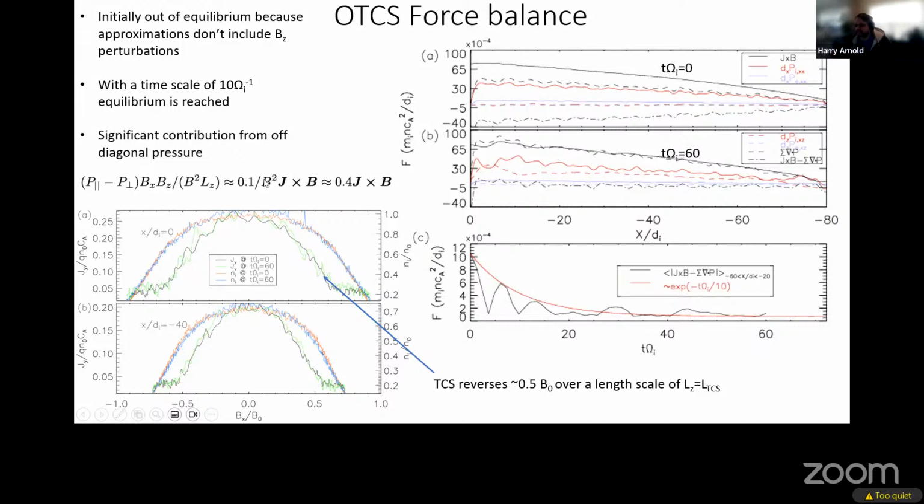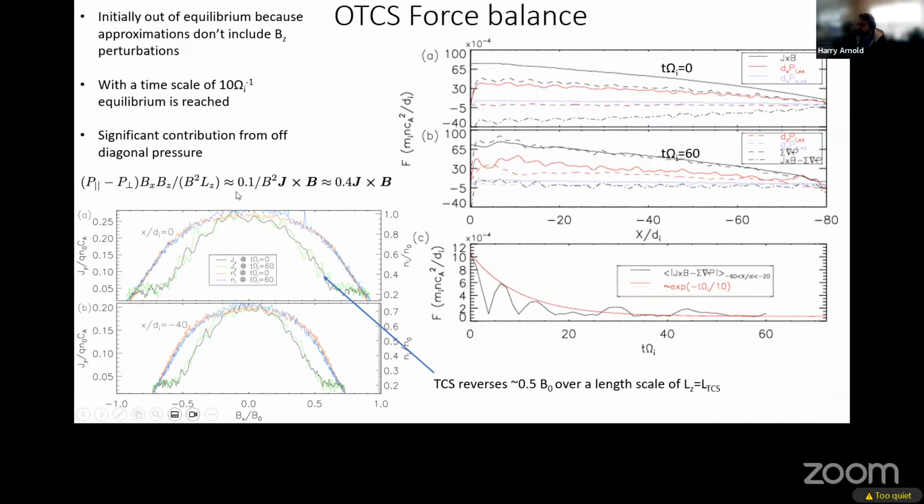You might be tempted to say it's the true asymptotic value, but it's really just the asymptotic value according to the thin current sheet, which only reverses 1/2 of B naught. So that gets you this factor of 4, and you get the end result that your off-diagonal pressure component that you get from ion anisotropy is responsible for about 40% of the J cross B force. The remaining 60% is due to the isotropic ion pressure.